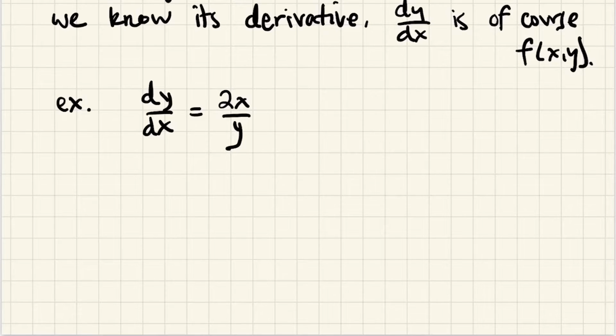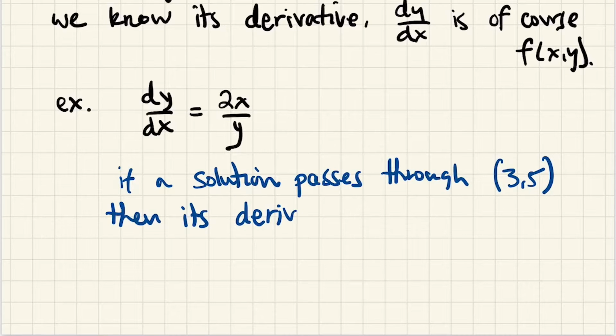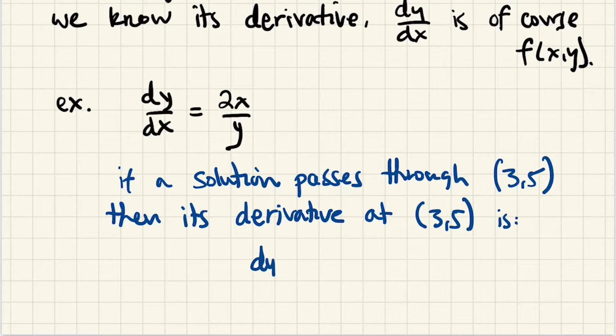What we could do is we could say that if a solution passes through, say, you just pick an x and a y value, say 3, 5, then its derivative at the point 3, 5 is dy/dx, which is 2 times 3 over 5, and that would be 6 over 5.